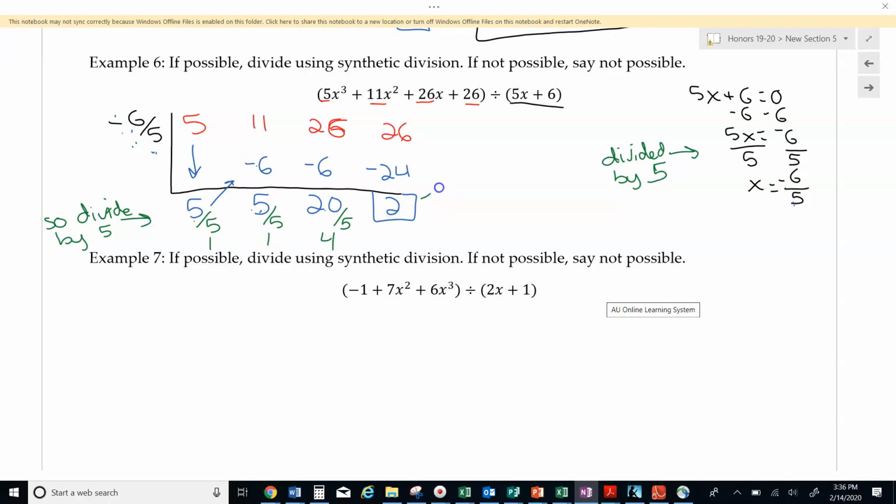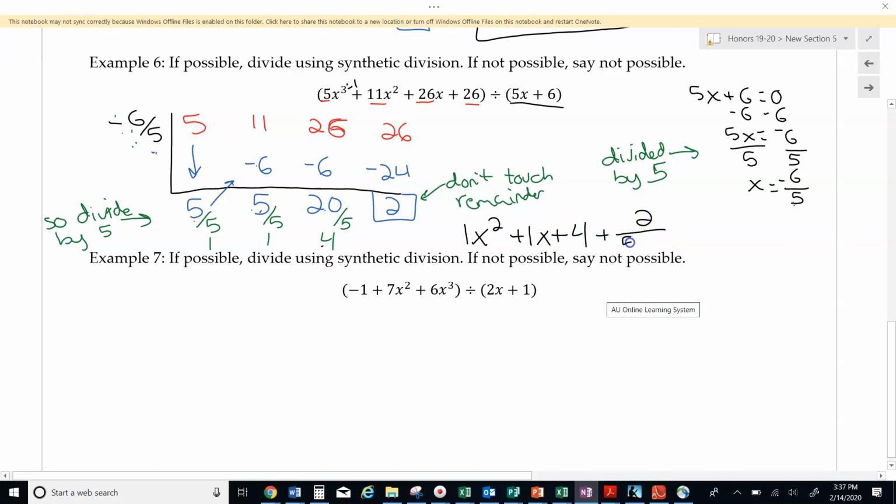Don't touch your remainder. It's special. It's in its box. Okay? So now, my highest was a 3, and I minus 1, right? It's going to be 2 now. So I have 1x squared plus 1x plus 4 plus 2 over 5x plus 6.